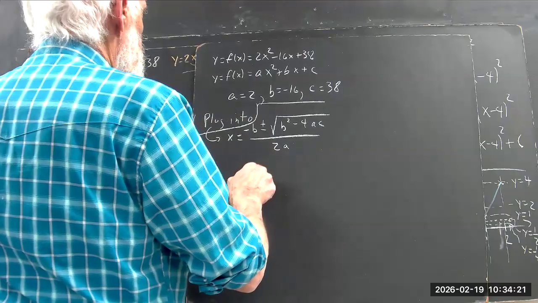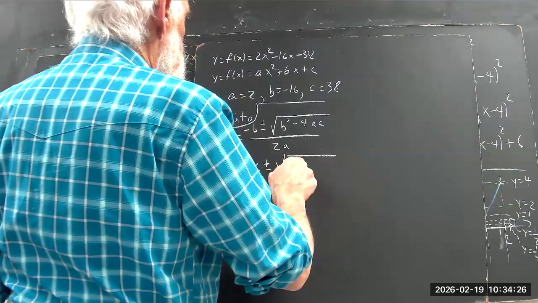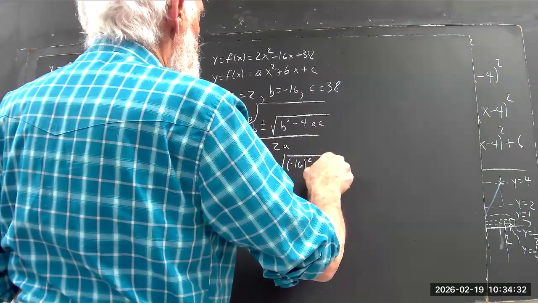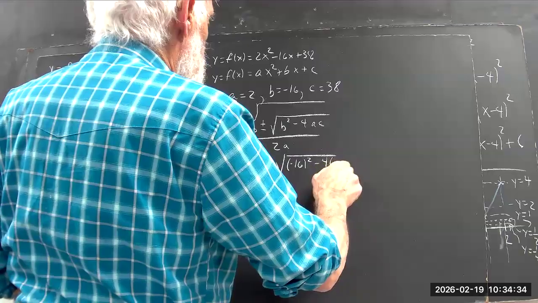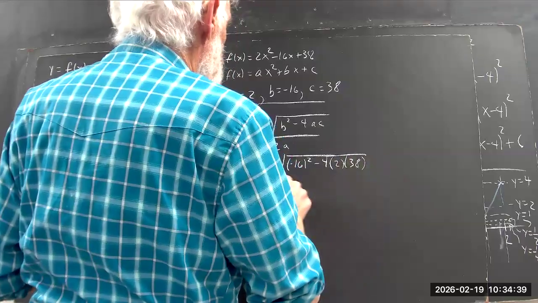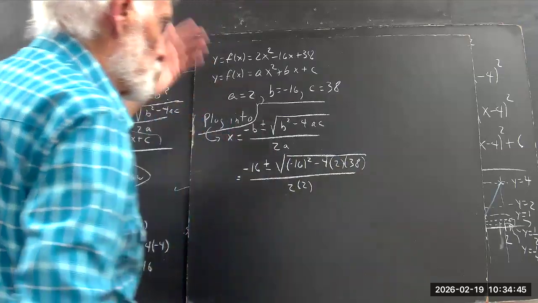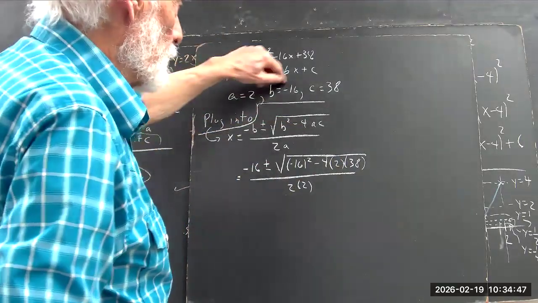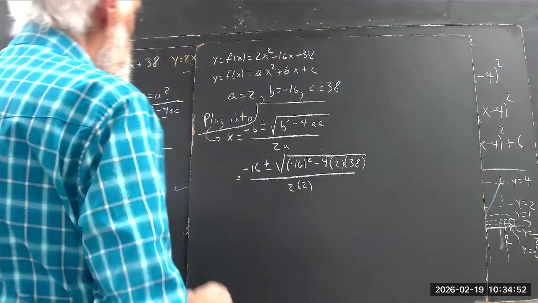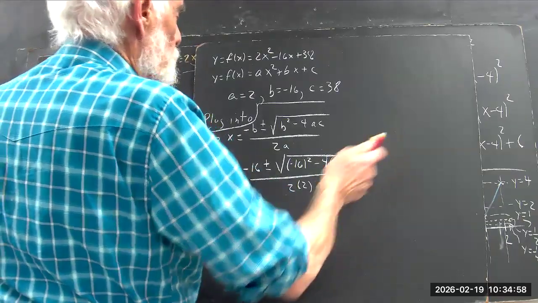So we get negative 16 plus or minus the square root of negative 16 squared minus 4 times 2 times 38, all that divided by 2 times 2. So that's just a pure substitution. We just replace these letters with numbers, negative 16 and 38. And nobody had any trouble writing that out. Now we have to do the arithmetic in this.